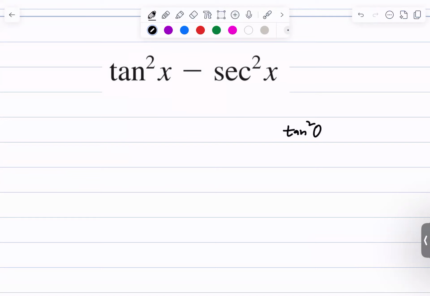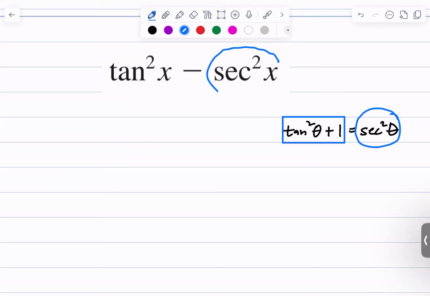Tangent squared plus 1 equals secant squared theta, right? So in order for me to simplify, I'm just going to substitute tangent squared plus 1 for secant squared theta right here. Okay?